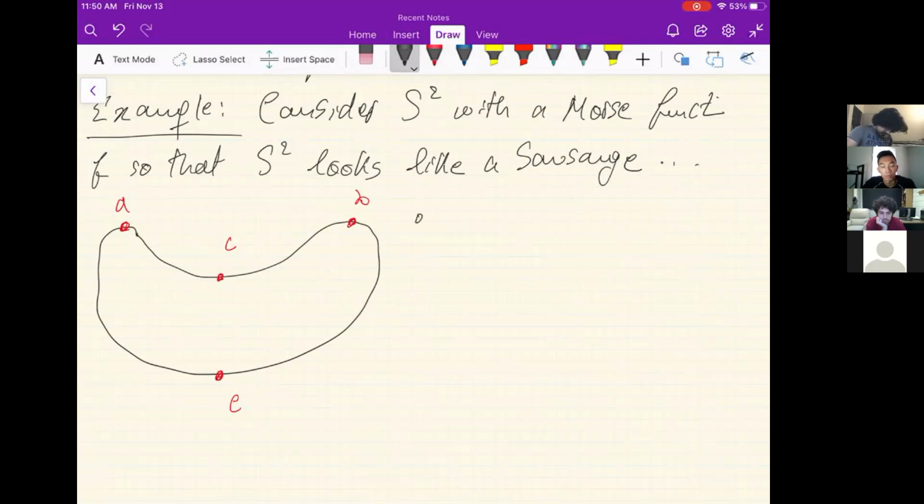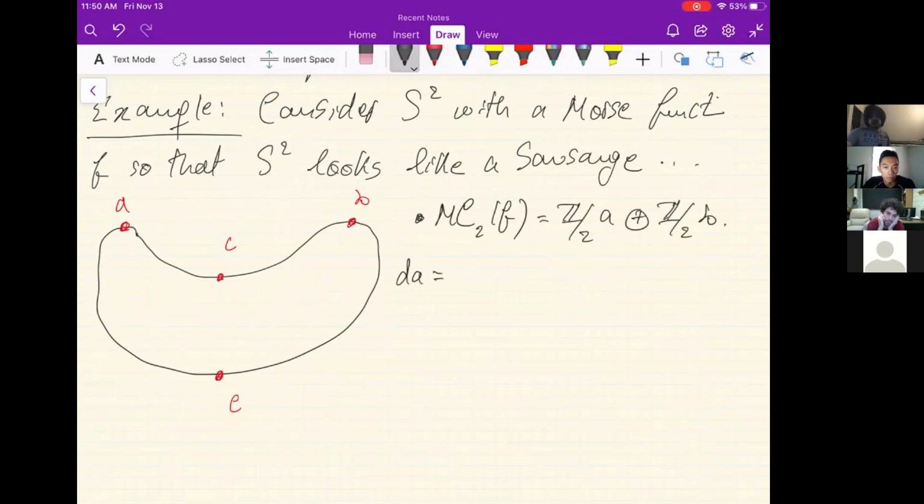So let me consider the Morse complex of degree 2. It is just Z2A direct sum Z2B. Now I have to study the differential of A. There's only one point, which is C. Basically, I should take the cardinality of the moduli space of flow lines between A and C times C. How do I get this moduli space graphically?